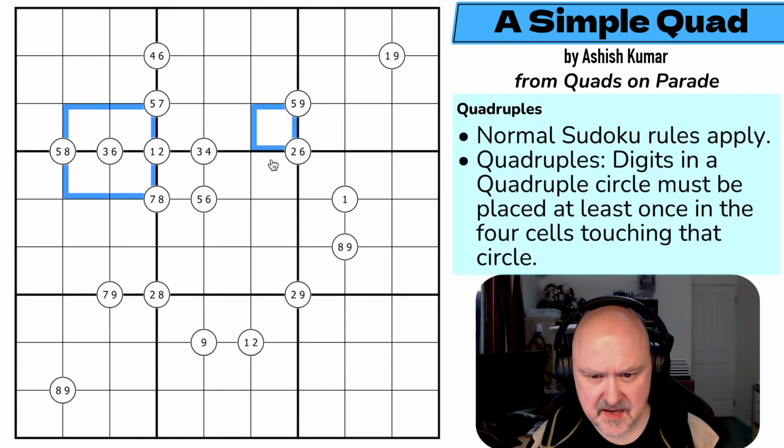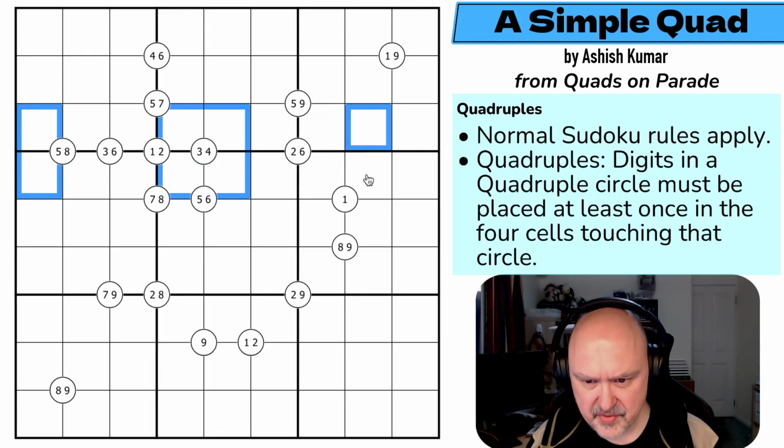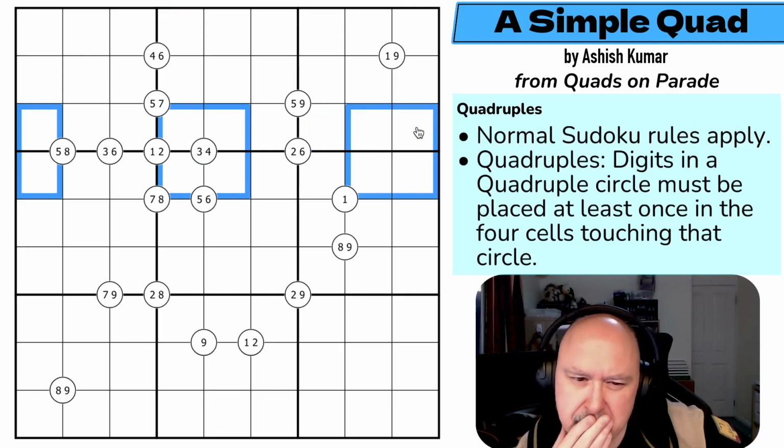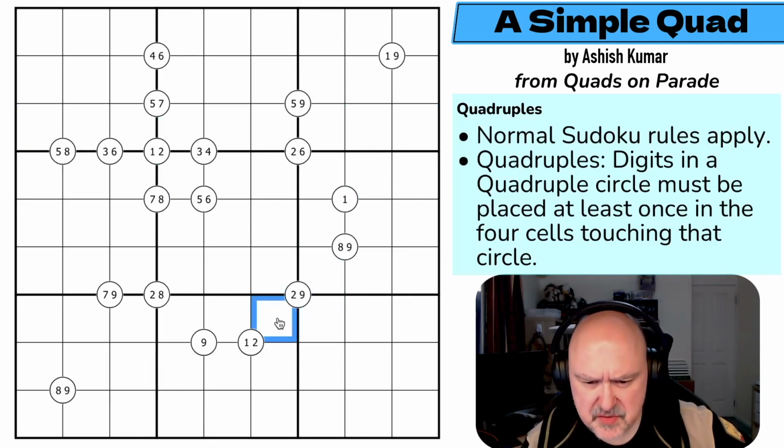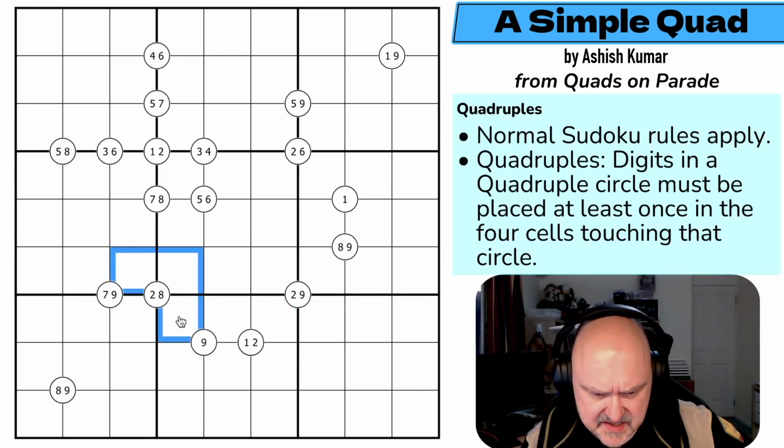6 must be here and here, so we can't put 6 in any of those. 2 could be here, that's fine. 8 is in one of those 3. 8 can't be here.